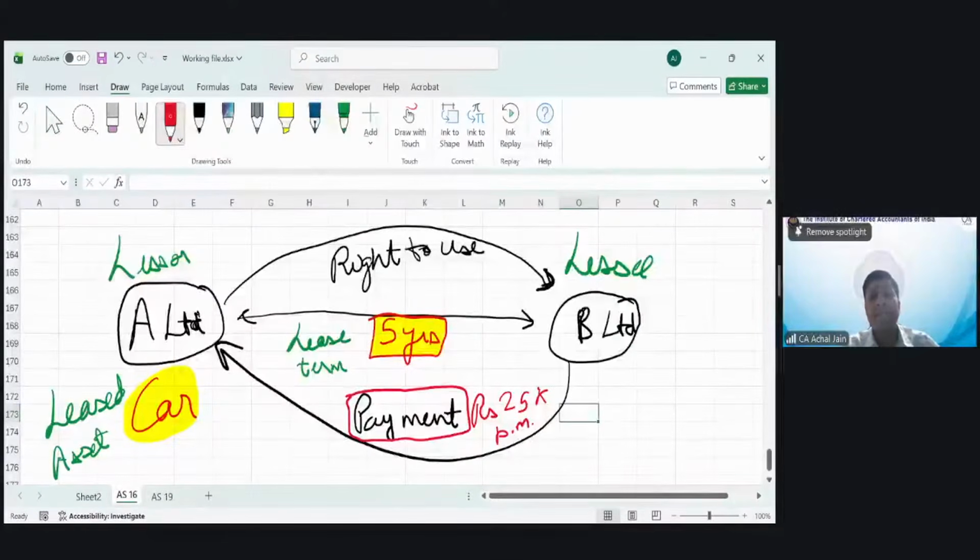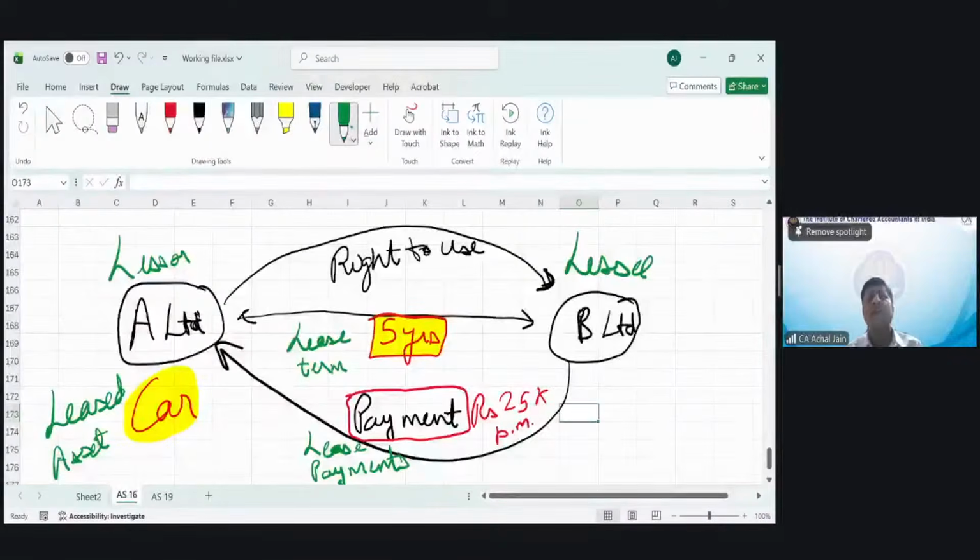In this case, this payment by the lessee to the lessor is called lease payments. These are the payments towards lease. So what do you call them? Lease payments.